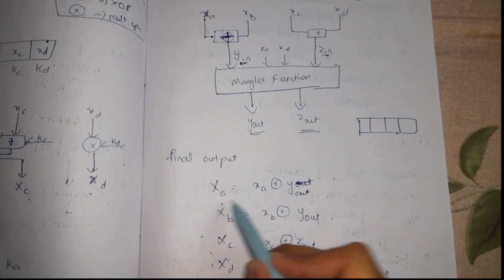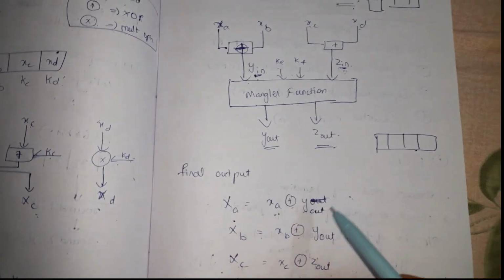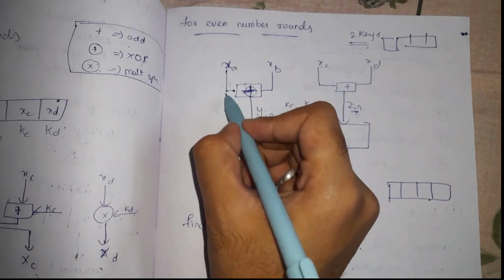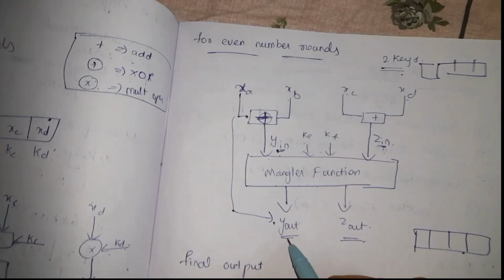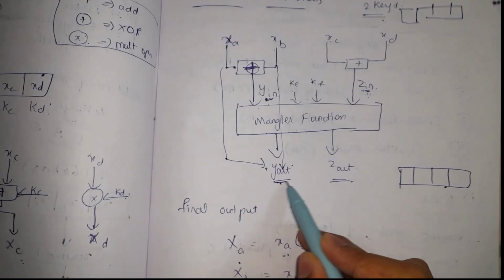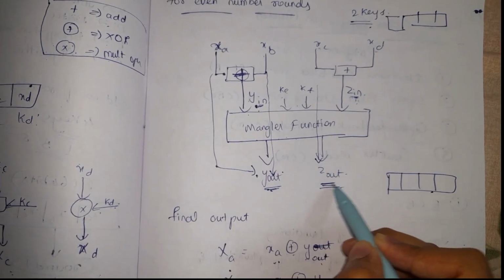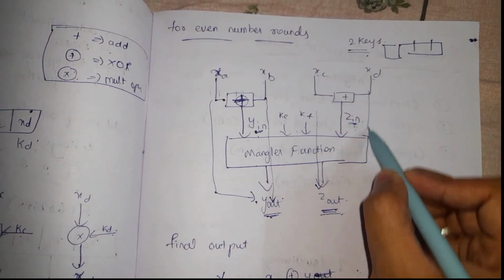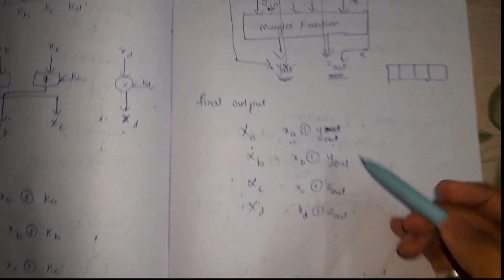XA will be XA XOR Y out. This XA will be performing an XOR operation with this Y out, and XB will be performing an XOR operation with Y out. XC will be performing an XOR operation with Z out, and XD is performing an XOR operation with Z out.